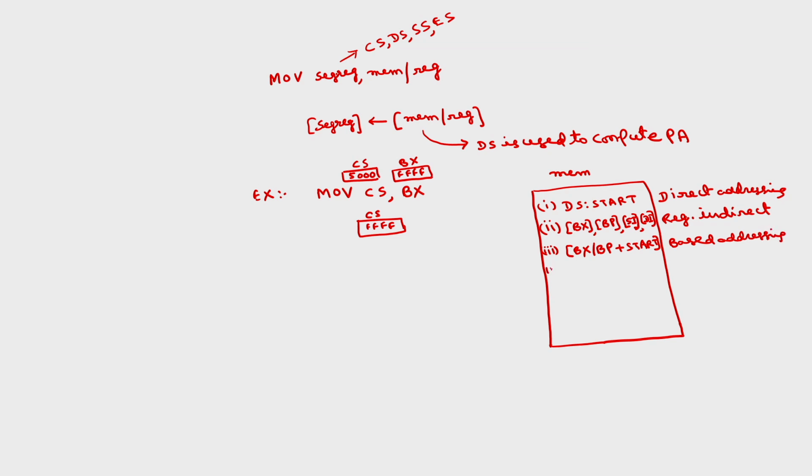In index, this can be either SI or DI plus some offset, which is defined by the assembler. Through assembler directive the user can define the value of start. This is called index addressing mode.